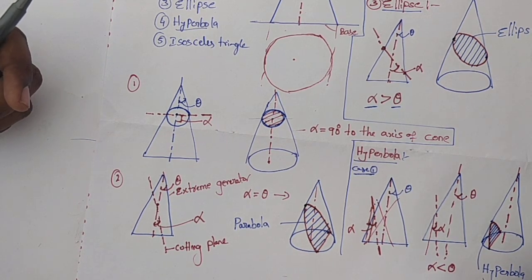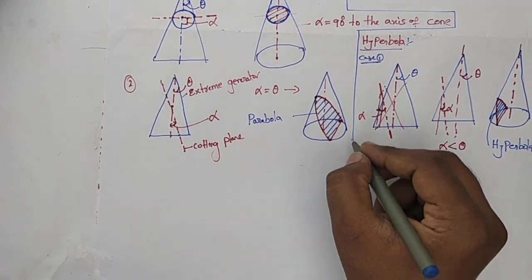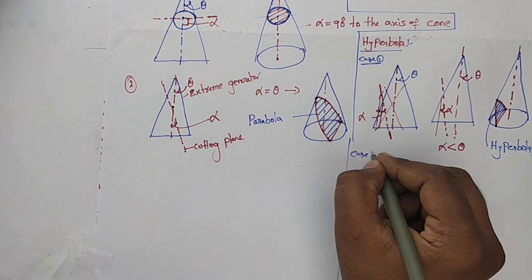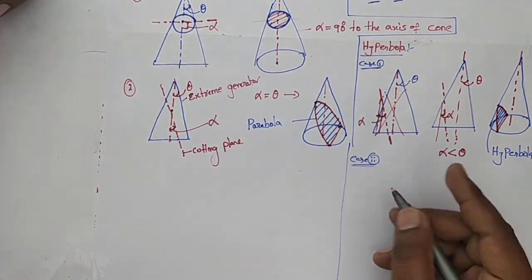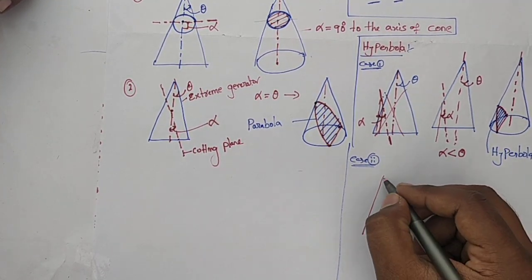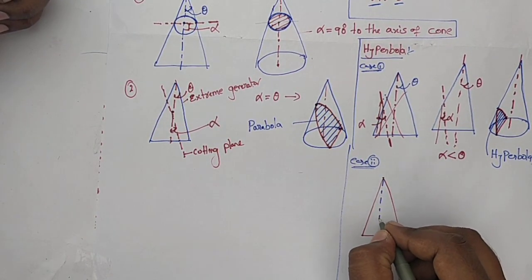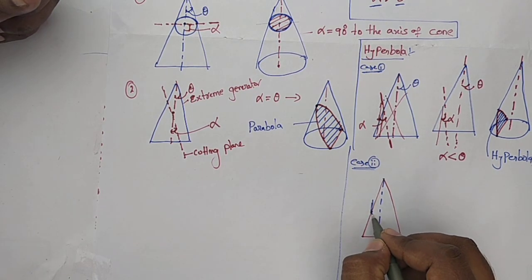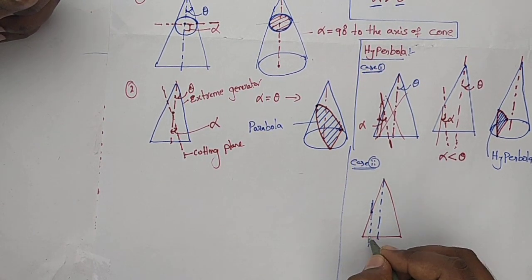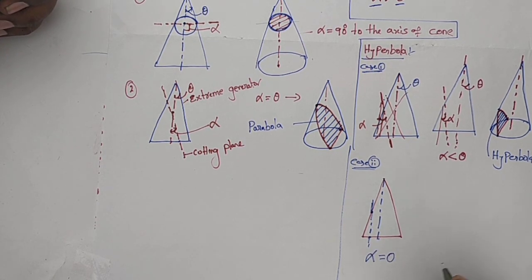Next, case 2. In this, suppose the cone is cut by a section plane parallel to the axis, that means alpha equals 0.